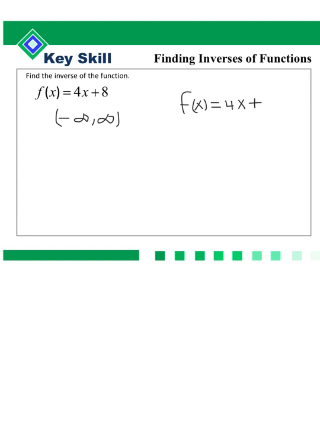So I subtracted 8 from both sides. Did I switch x and y? Let me back up to my steps right here. So y equals 4x plus 8. Let's now switch x and y.